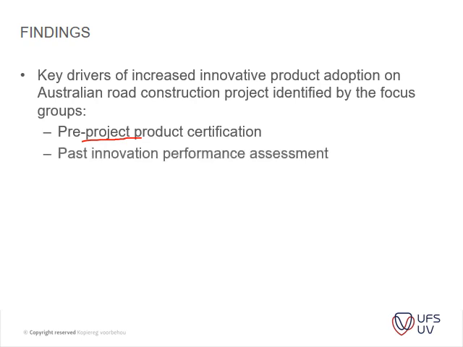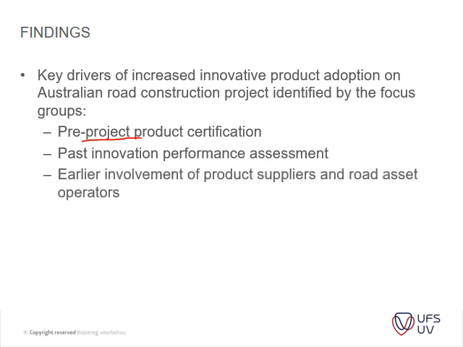Past innovation performance assessments would be done. And an earlier involvement of product suppliers and road assets operators. I think in our industry, for the buildings, the contractor involvement is extremely important. And then performance-based specifications.